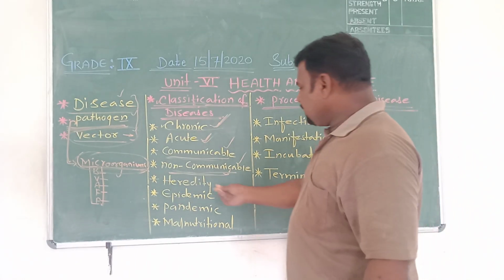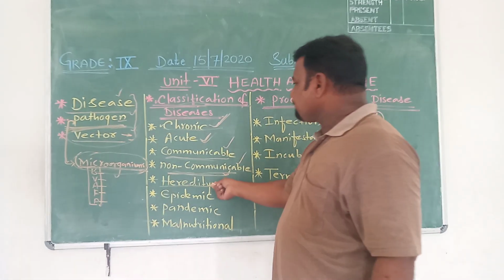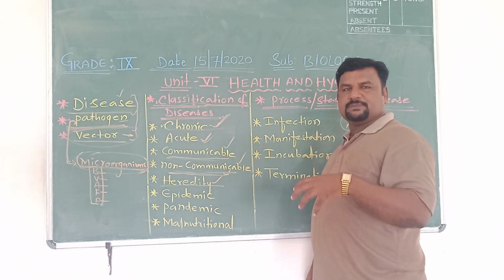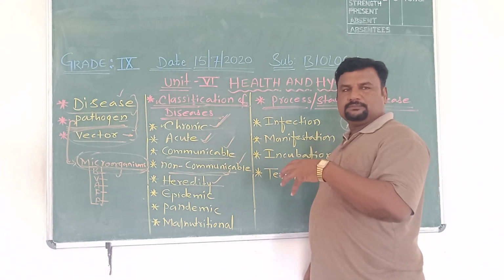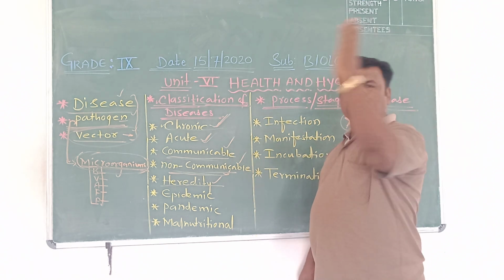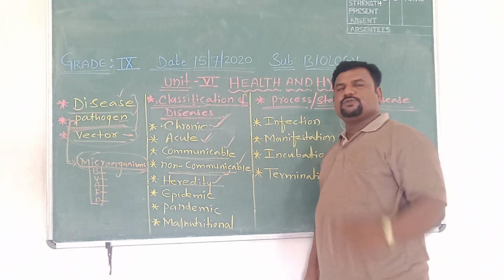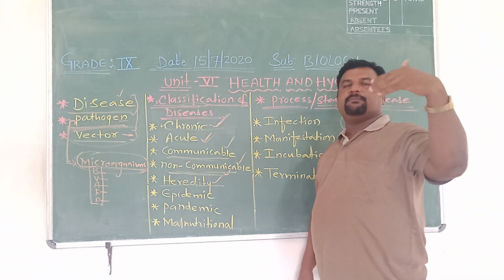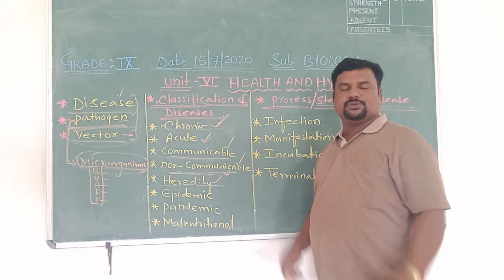Coming down below, hereditary disease. What are hereditary diseases? The diseases which are transmitted from ancestors, from parents to their offspring. Suppose the parents or ancestors have some disease, for example diabetes, common sugar.